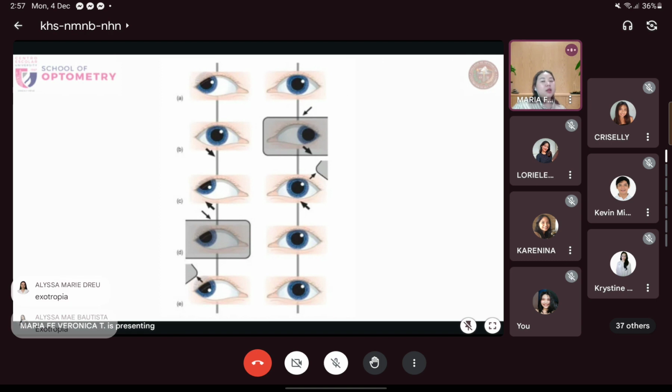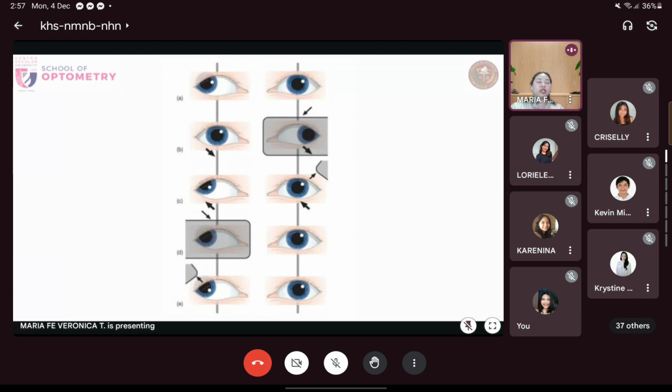Okay, tama. It's exotropia. Pero for recording purposes, pag nagpa-patient na kayo tapos sa case record, it would be better for you to record it completely. So in this case, since right eye yung deviated, you would then ask, is it constant or is it intermittent?